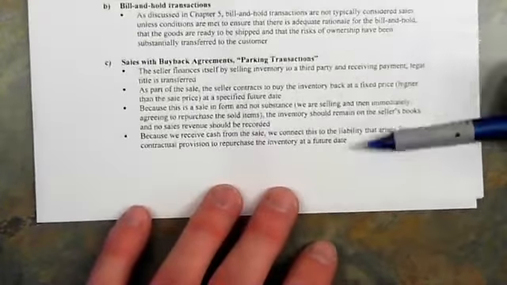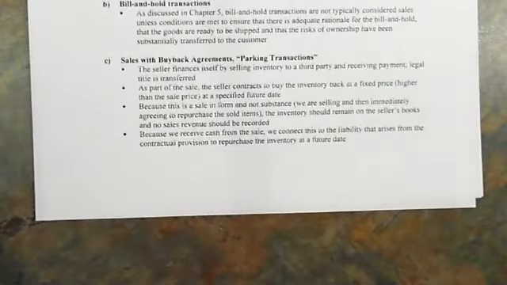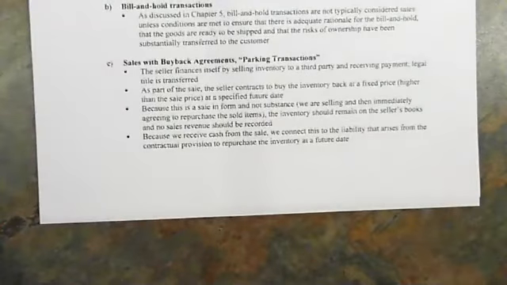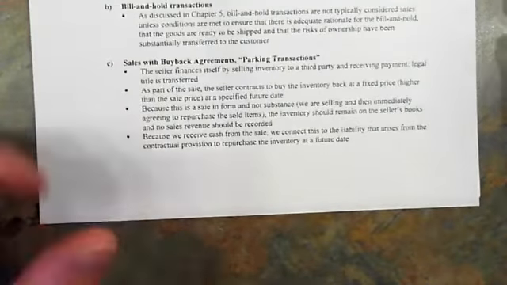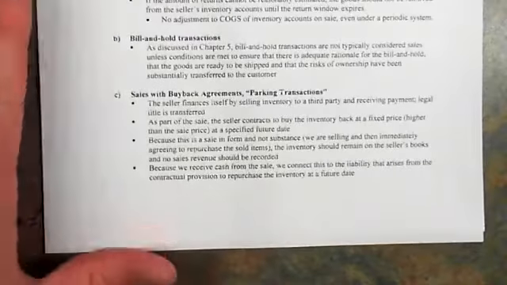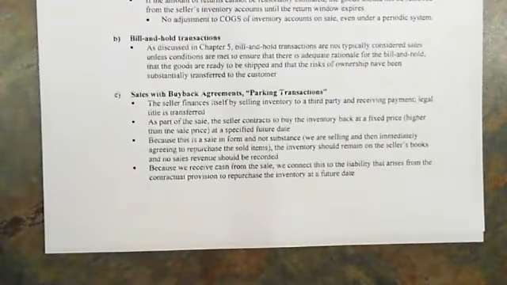Another interesting transaction is a sale with a buyback. Again, this harkens to what we discussed in the receivable chapter, when there were companies who would sell receivables with an underlying agreement to purchase them back at a slightly higher price. So here we're doing the same thing, except we're selling inventory.